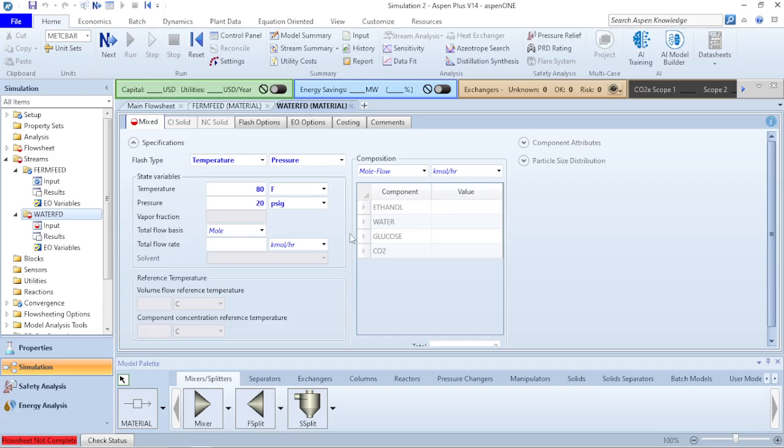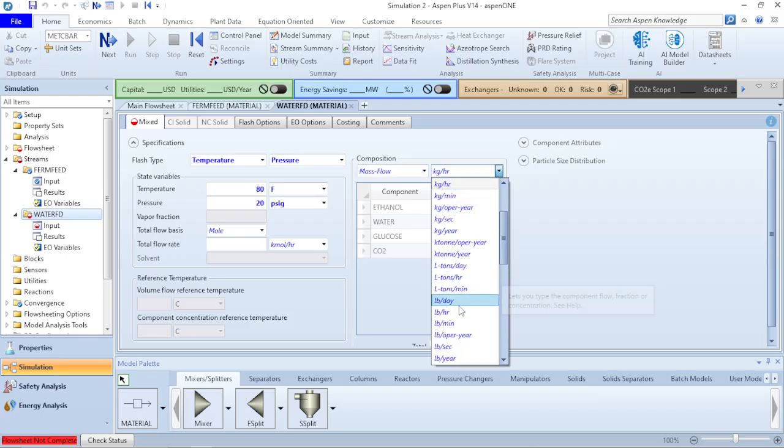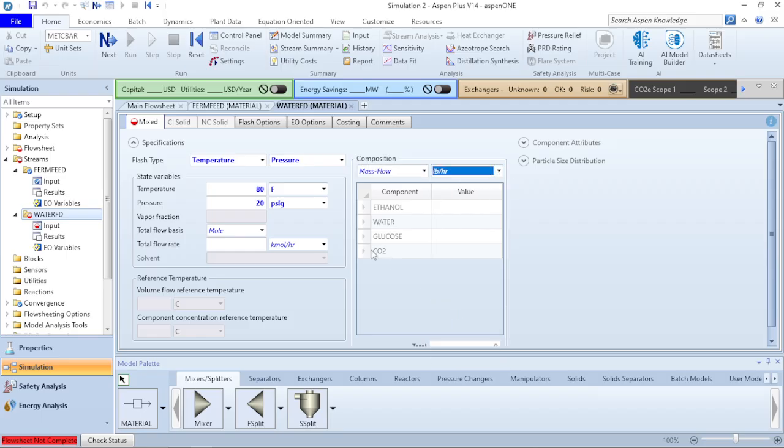And then we are also having the mass flow. Change the mass flow to pounds per hour. Okay, and then for our water, remember we are adding extra water for concentration control, so we put in 320,000.